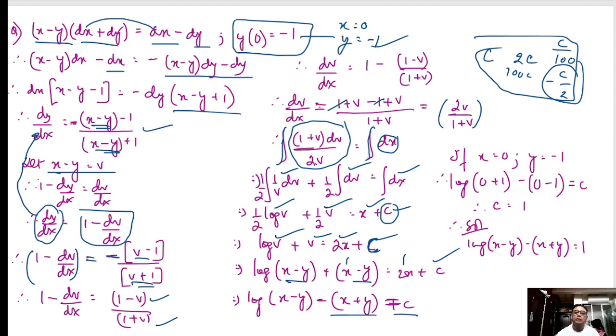So replace x with 0 and y with minus 1, and you will get the value of c. C will come 1. That means put this value here. So the equation becomes this. This is the final solution of the differential equation.